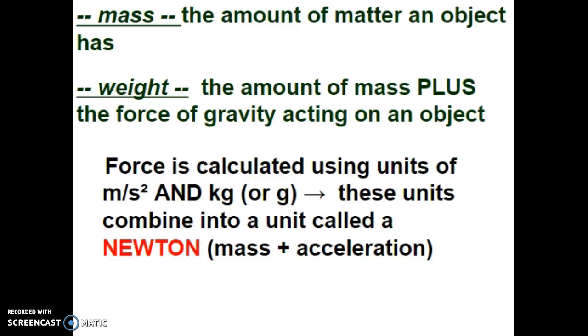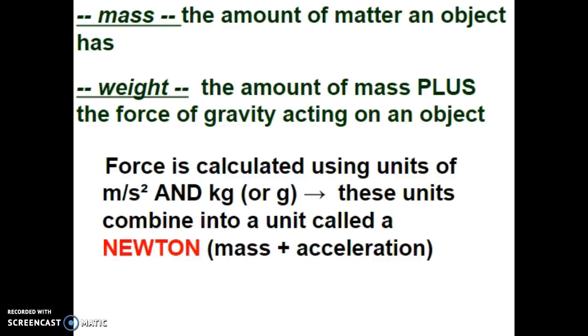Now there's some more science terms that we have to discuss between mass and weight. A lot of people use those words interchangeably. Again, however, they mean different things. Mass is the amount of matter that an object has, and its weight is the amount of mass that it has plus the force of gravity acting on an object.